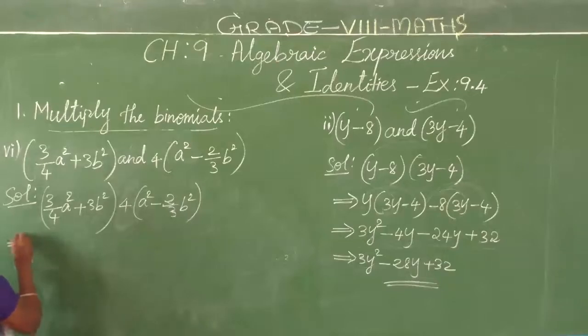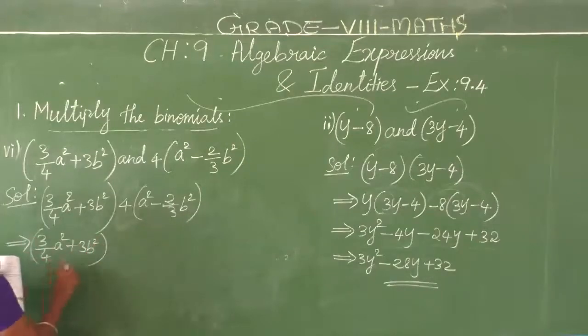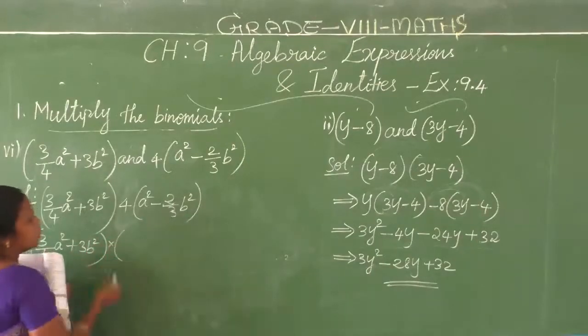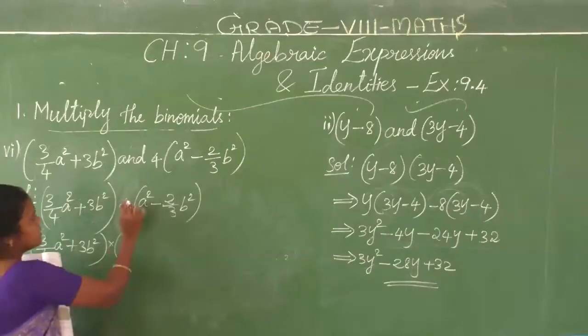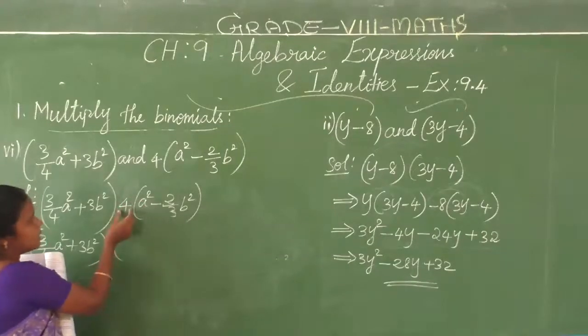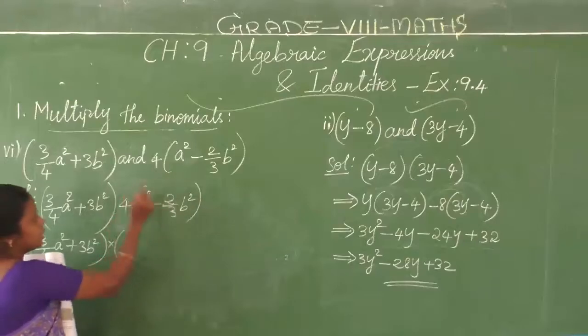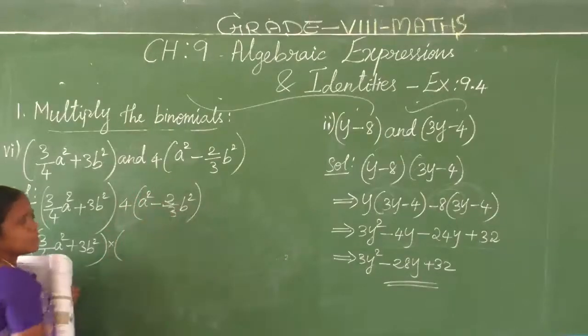So 3 by 4 a square plus 3b square into, no need to enter the symbol anyhow. First of all, bring it. See here, one more part is coming extra, no? That is to be inserted. 4 into a square minus 2 by 3 b square.